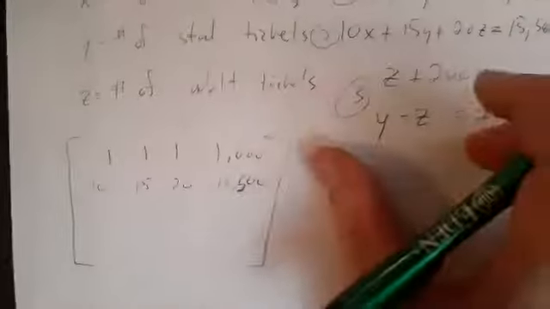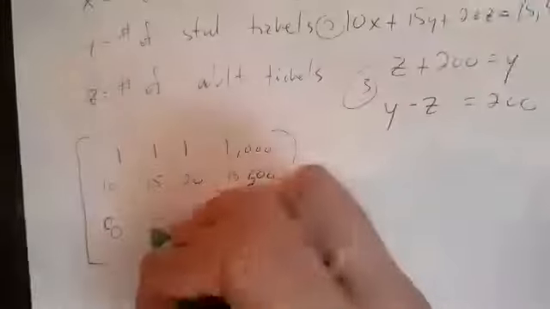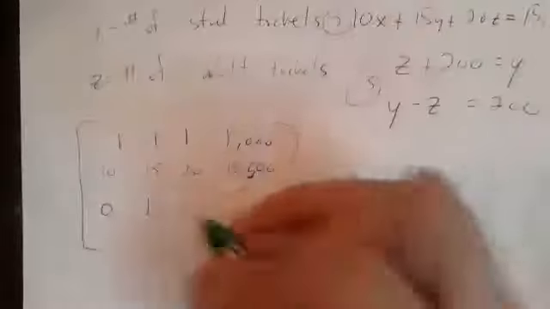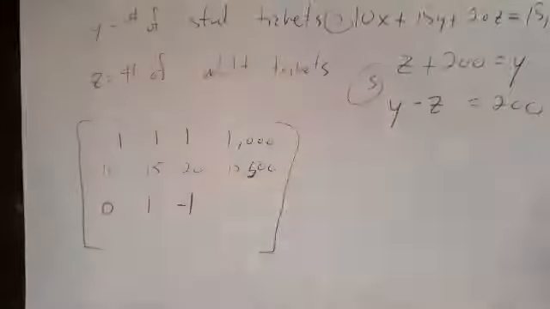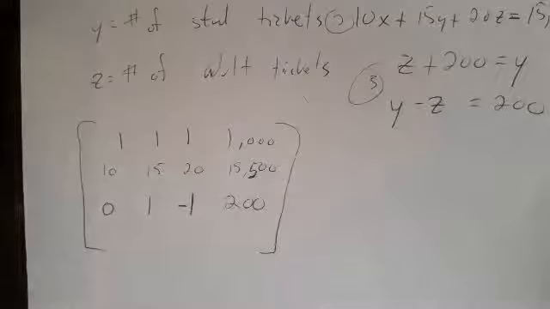And then this last line, I have no x's. I have one y. I have a negative on this z. So don't forget your negative signs. And this should be 200. And so now we have a matrix.